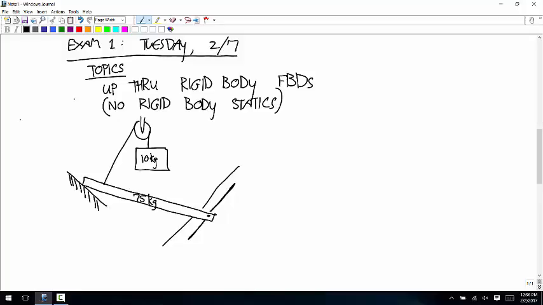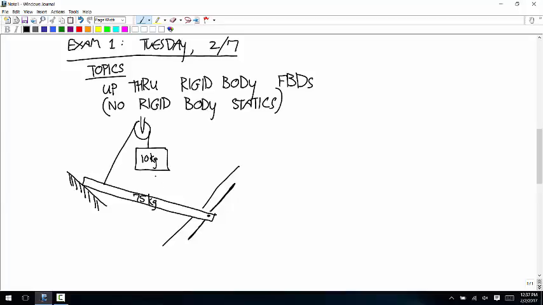So how do you treat this joint, or how do you know how to treat the contact between the left end and the wall? Well, in order for this to be solvable, this is a rigid body problem, a single rigid body, a 2D problem.